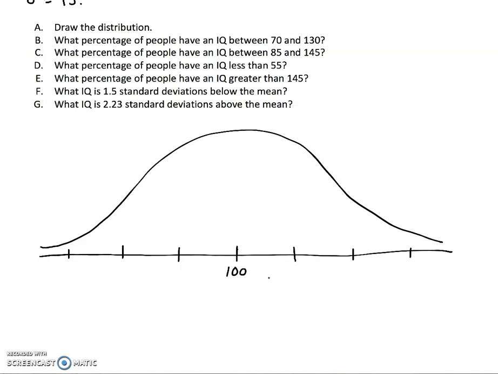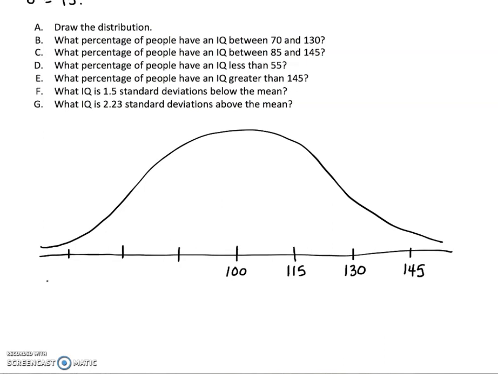So if we go to the right from the mean, we just keep adding 15. So one standard deviation away is 115. Add another 15, and that puts us to 130. Take that 130 and add another 15, and we're at 145.